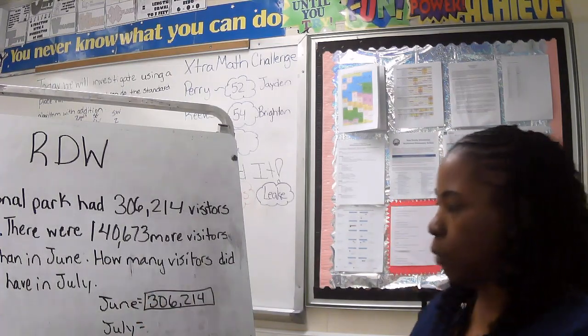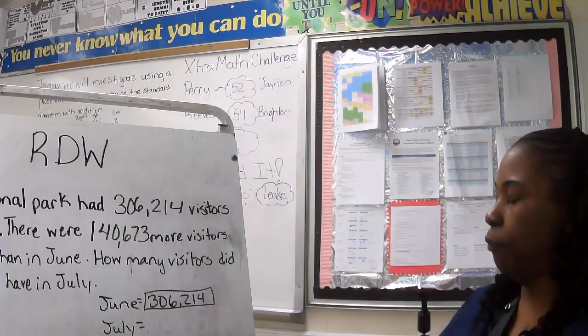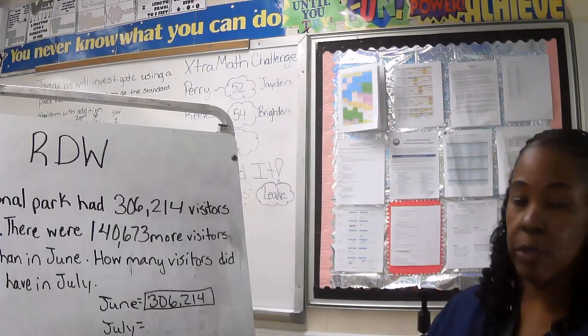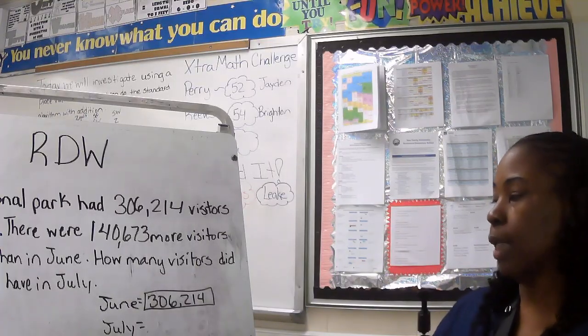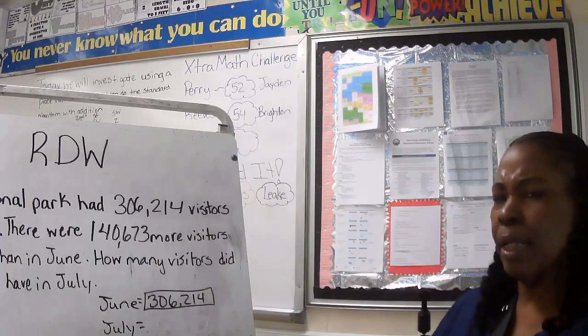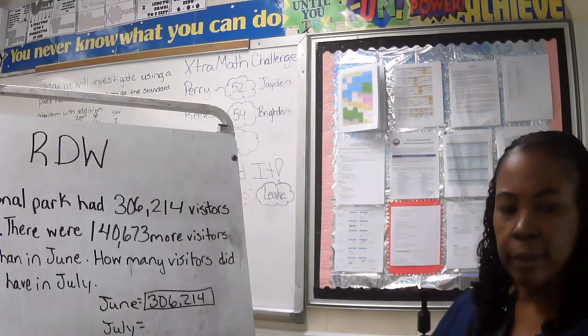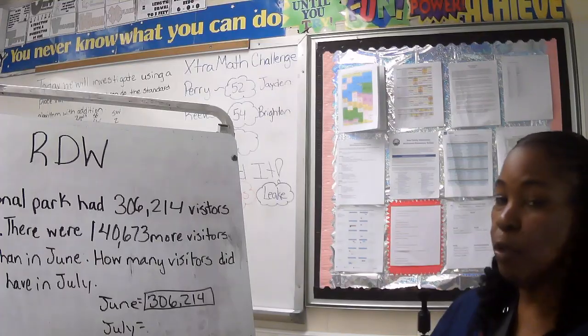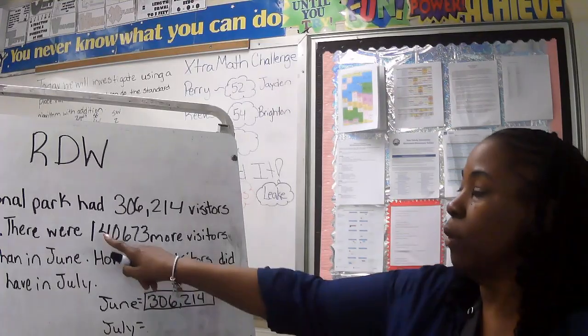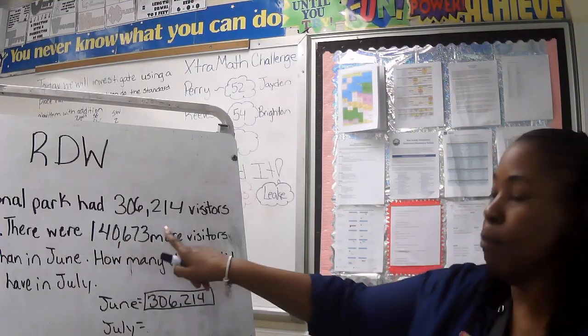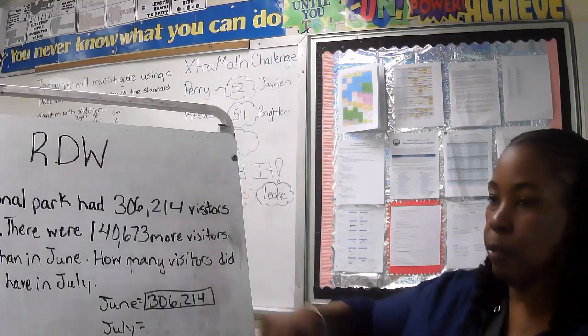And then it said in July, there were 140,673 more visitors in July than in June. So does that mean in July that there were 140,673? No, it doesn't. It said 140,673 more visitors in July than in June.